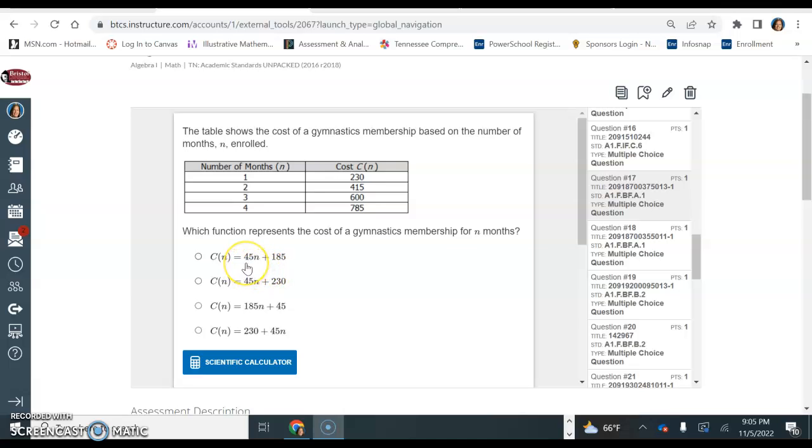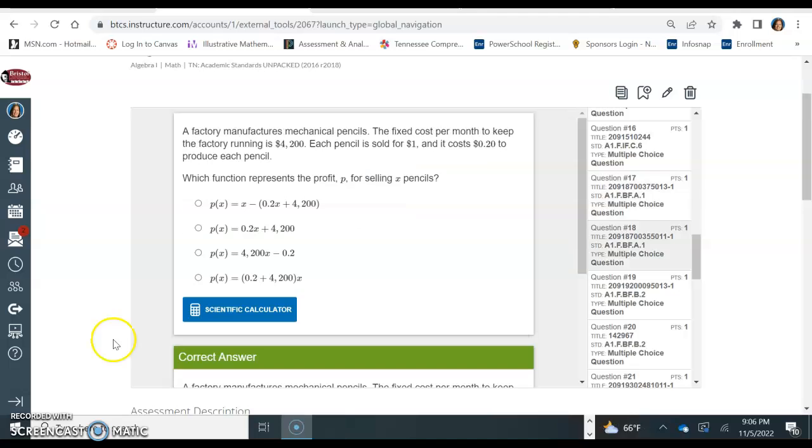This says $45 a month plus $185. This says $45 a month plus $230. This one says $185 a month plus $45 startup fee. So this would be the best answer here. You don't even have to look at the bottom one. The third answer, C, is the correct answer.